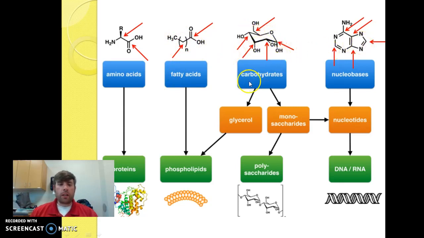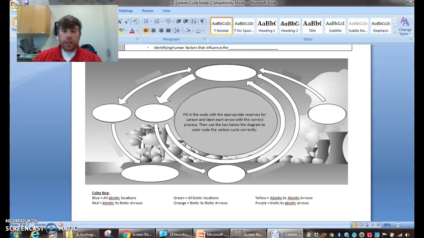So carbon is the basis for all of these molecules that we need to survive. And so that's why we're going to look at carbon. Carbon is super important for survival, because it is the keystone element in all of these molecules that we need for survival.